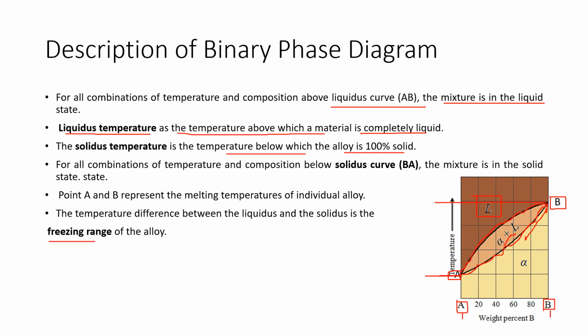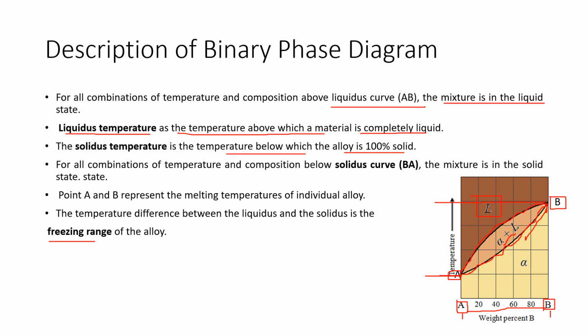As we go horizontally from left to right, the weight percentage of A decreases, while the weight percentage of B increases.